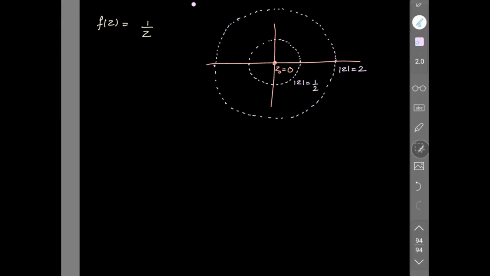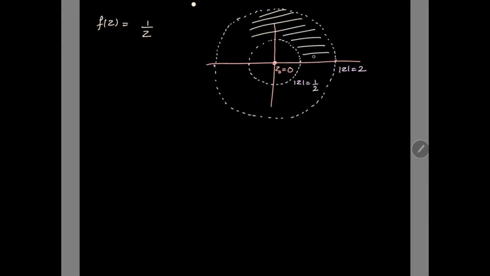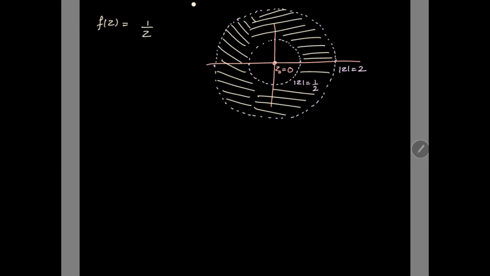So where is the function now analytic? In this annulus, right? In this annulus, the function is analytic, bounded by the two circles mod z equal to half and mod z equal to 2. So between these two circles, the yellow shaded region, the function is analytic over here.